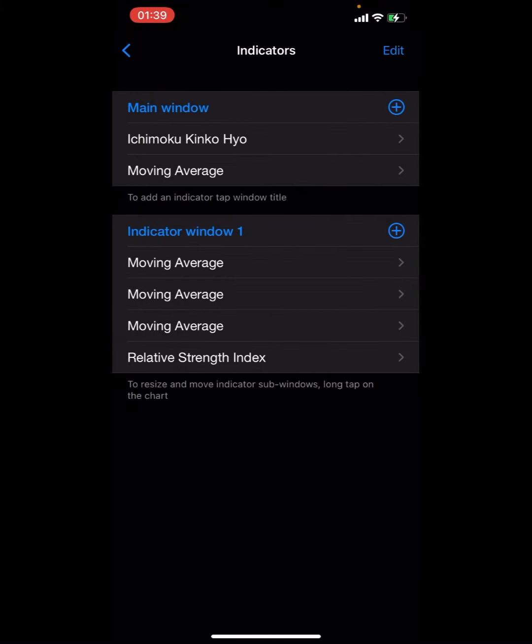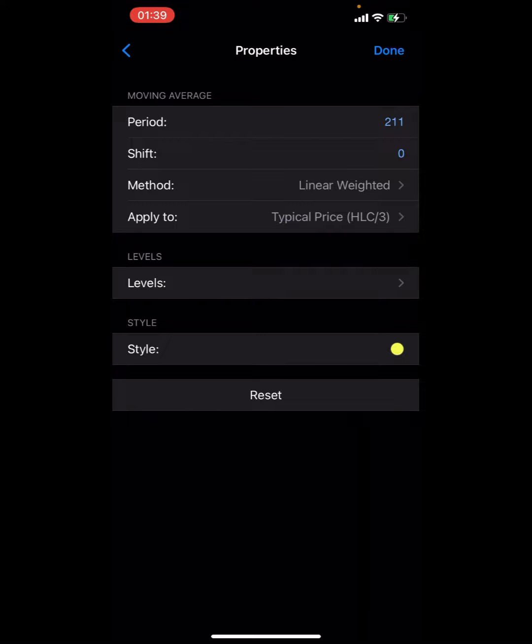Then the third moving average we've got period to be 211, then we've got shift to be 0, method linear weighted, apply to typical price HLC/3, then level nothing, and style yellow.